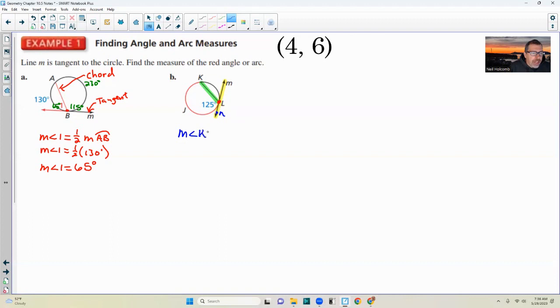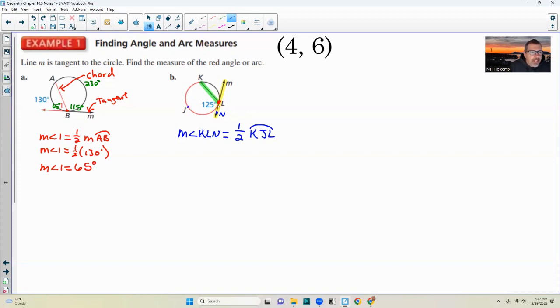The measure of angle KLN equals 1/2 arc KJL. Notice it's a major arc, if J is over here.